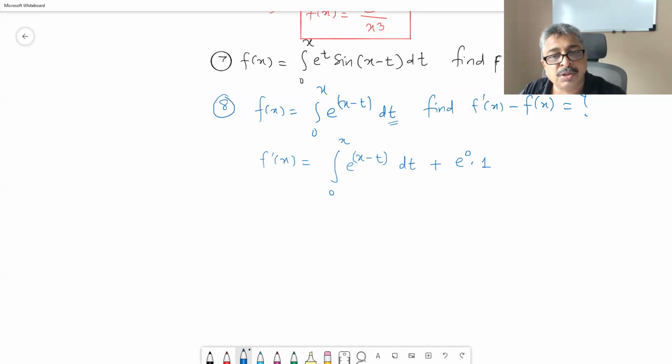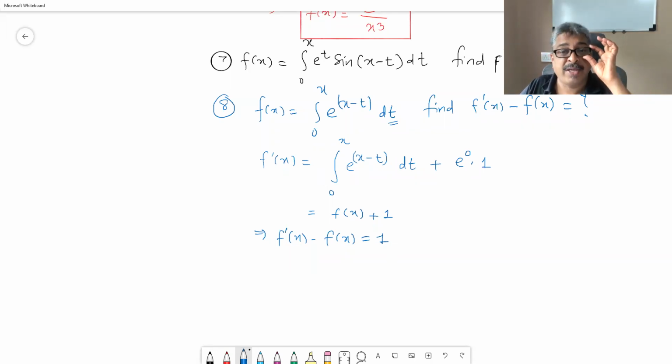Now if you observe this term, this is the same as this, therefore this is f of x plus 1. Therefore f dash of x minus f of x is equal to 1. Okay, this is problem number 8.